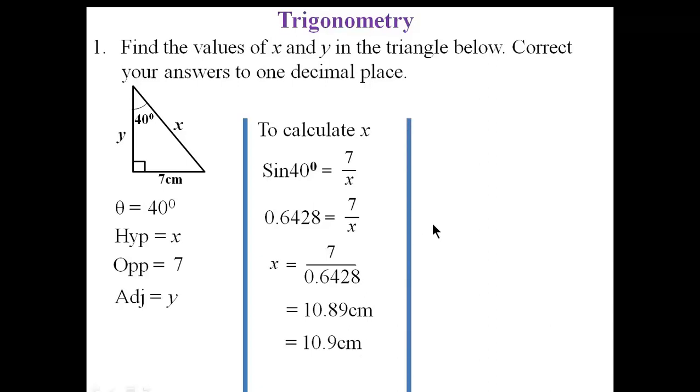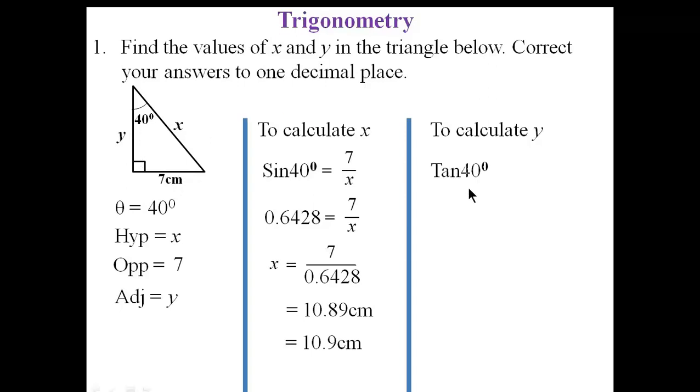Now, to calculate y, we are going to connect y and any of the two known sides. So we combine y and the opposite. y is the adjacent side, and 7 is the opposite, and the ratio combining the adjacent and the opposite is tangent.